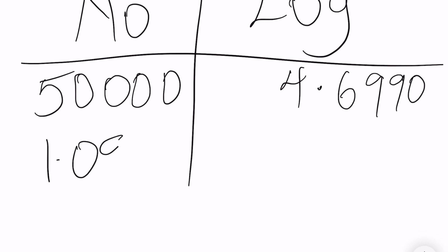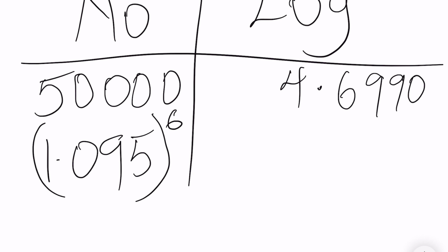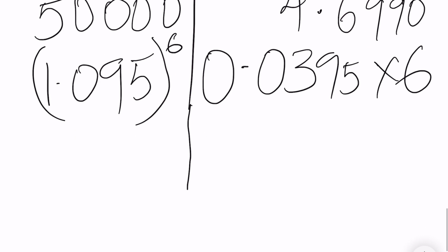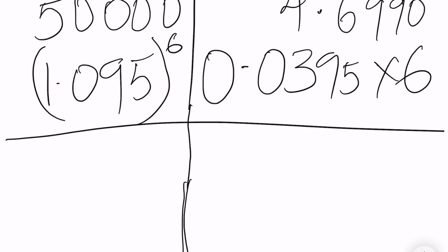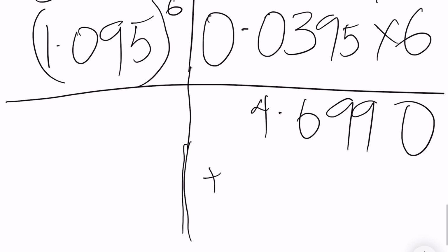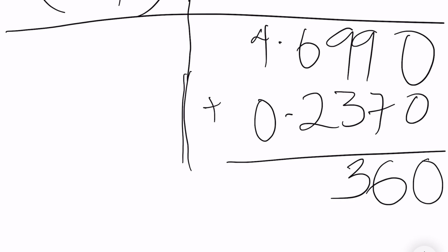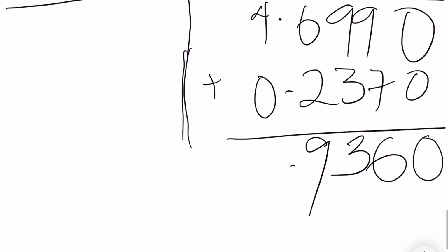Then 1.095 all to the power of 6: 0.0395 times 6 gives 0.2370. So we have 4.6990 plus 0.2370. Adding these together, we have 4.9360.